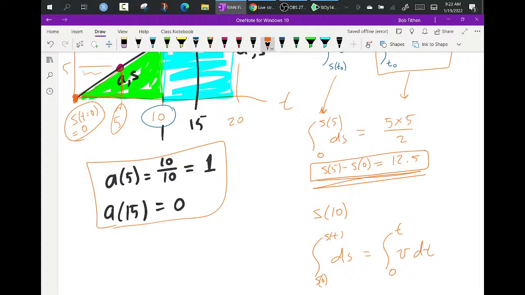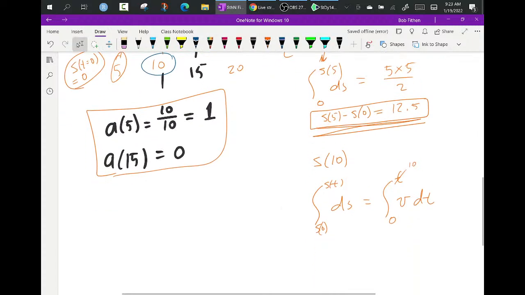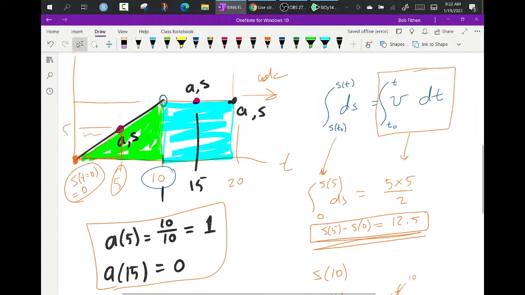Well, this will be 10 seconds, but I'll put that in a second. But the key was you started here. Okay, you can start and figure out the area here.